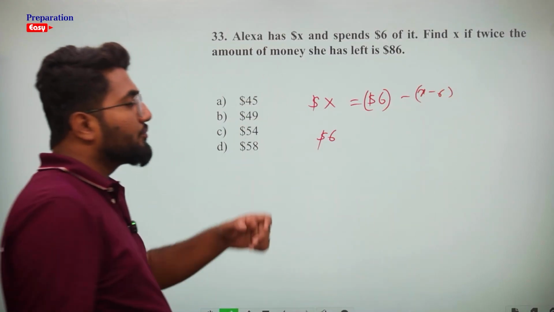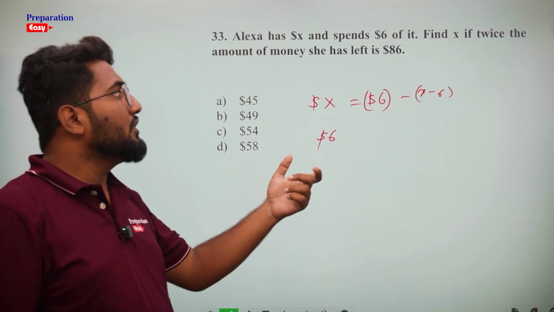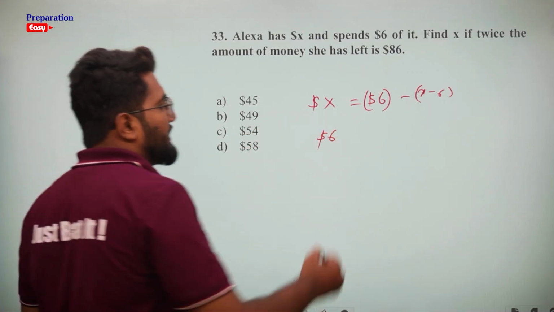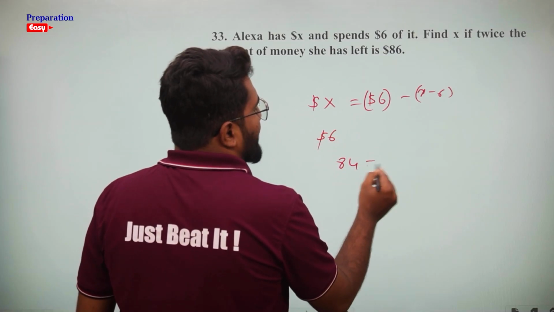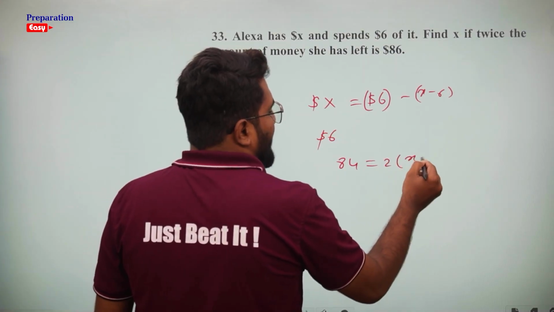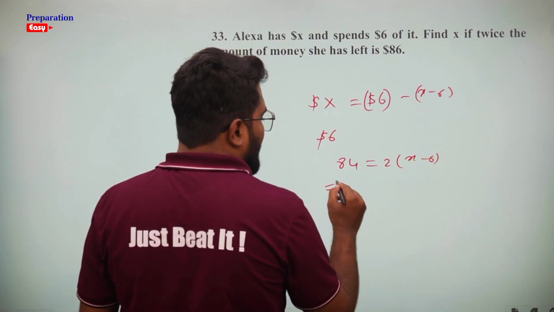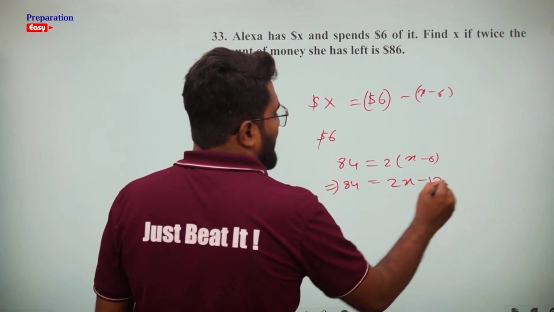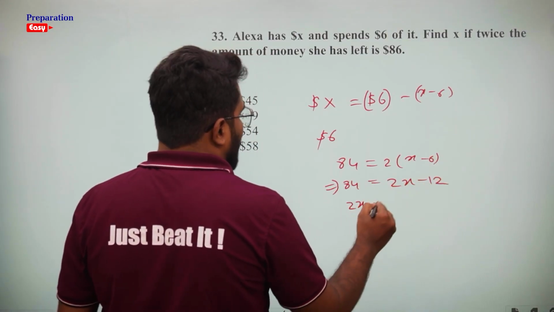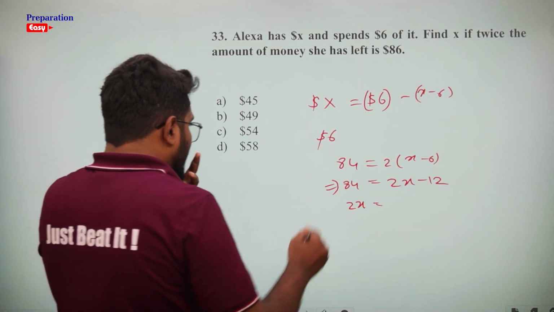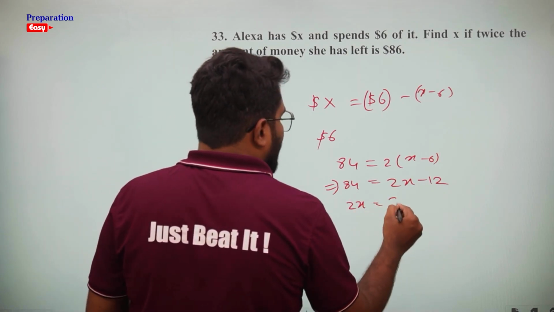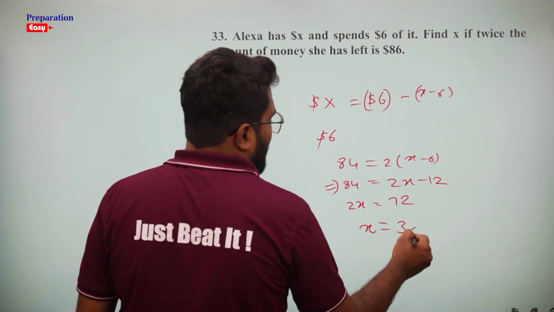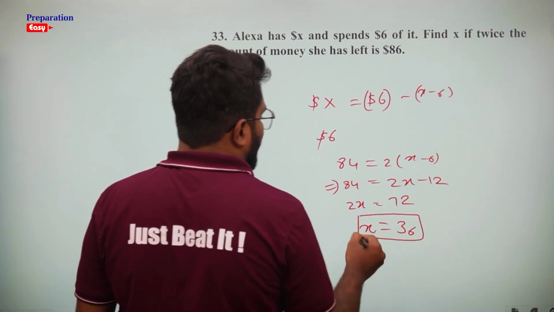But there is a twist. x minus 6 is twice. So 84 will be equal to 2 times x minus 6. That gives 84 equals 2x minus 12. So 2x equals 84 minus 12, that is 72, and x will be equal to 36.